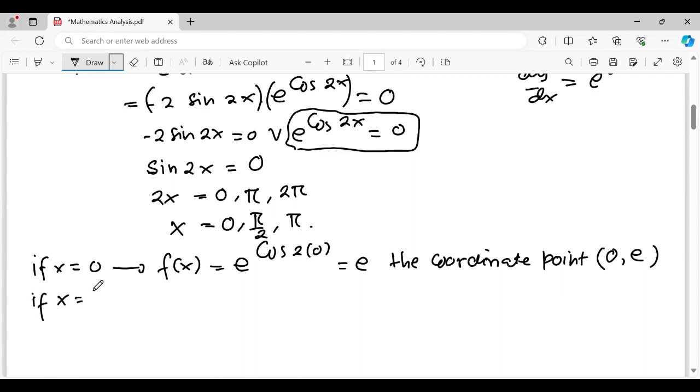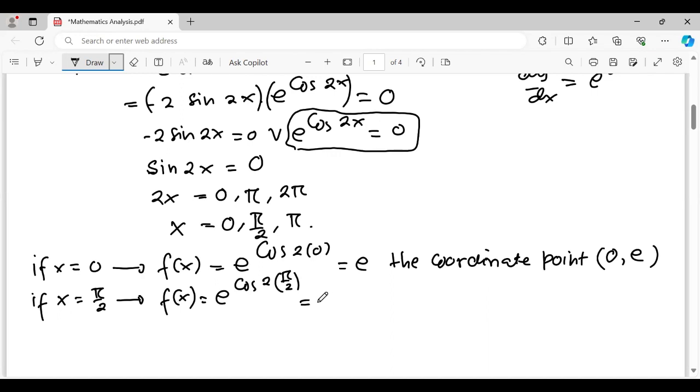If x equals pi half, f(x) will be e power cosine 2 times pi half.